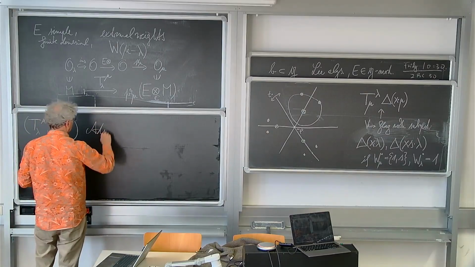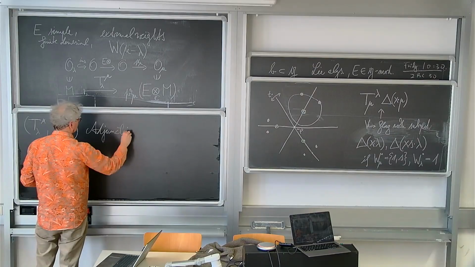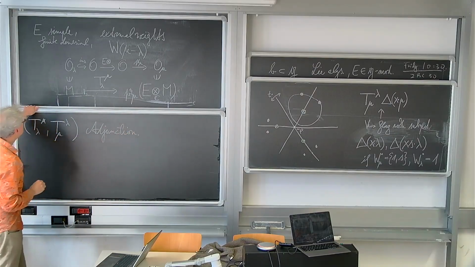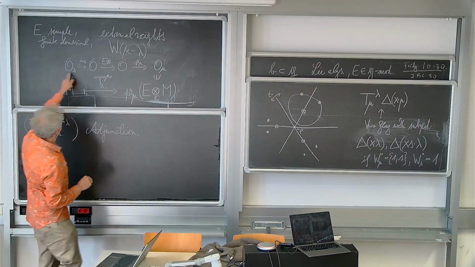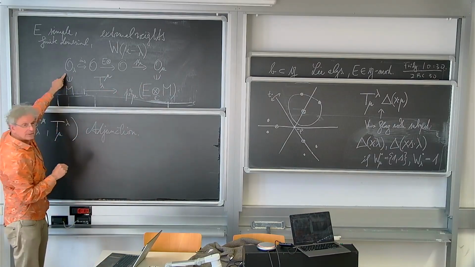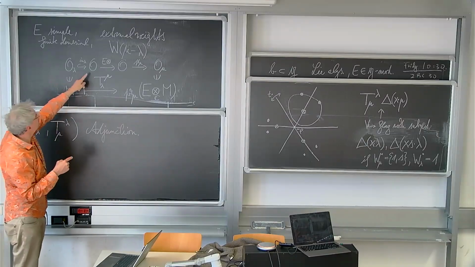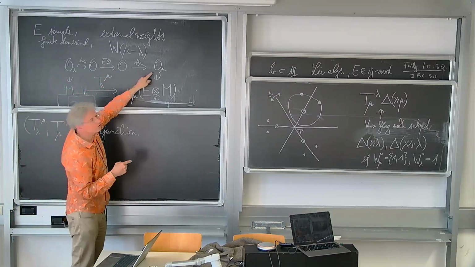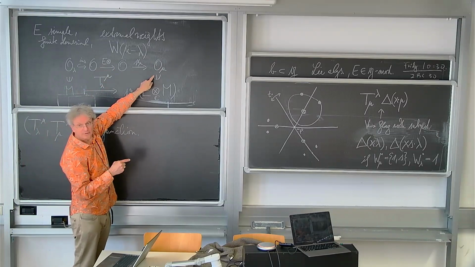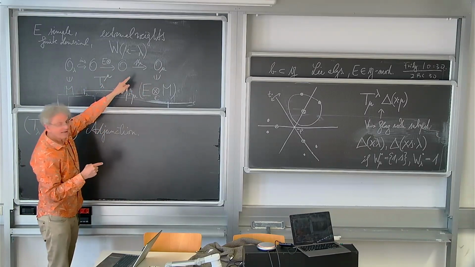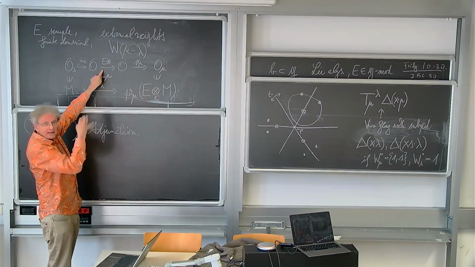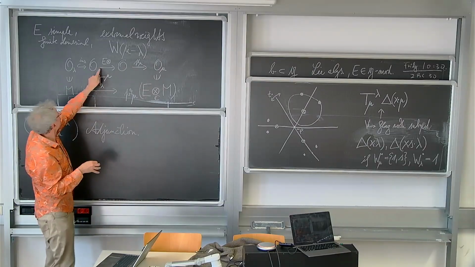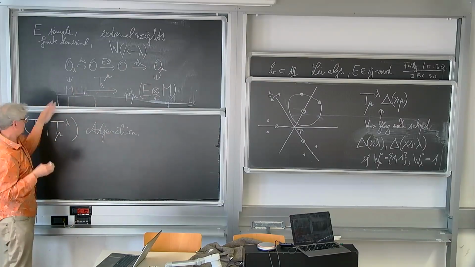And this can easily be seen if you look at what we did here. We wrote this as a projection functor, a tensoring functor, and an inclusion functor. And now the adjoint to the projection functor is the inclusion functor. The adjoint to tensoring is tensoring with the dual module, which will have exactly the highest weight needed. And then the adjoint of the inclusion is a projection. So that's it.